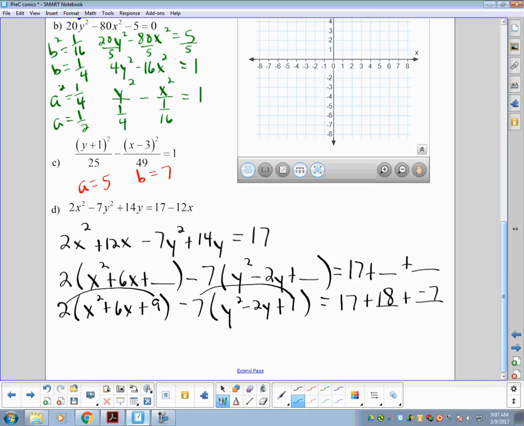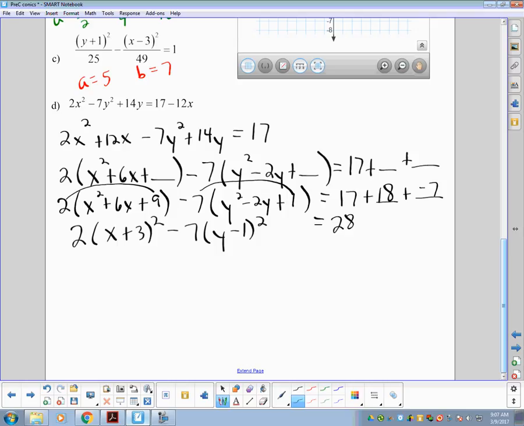So you might want to draw a little diagram showing what you're actually adding in there. So the right-hand side, I think I have 28. Left-hand side, I have 2 times x plus 3 squared minus 7 times y minus 1 squared. And all of that equals 28.